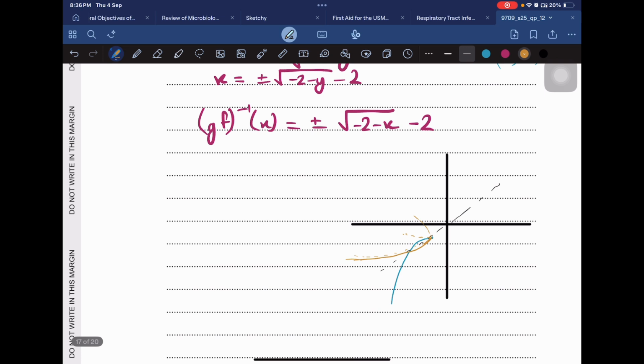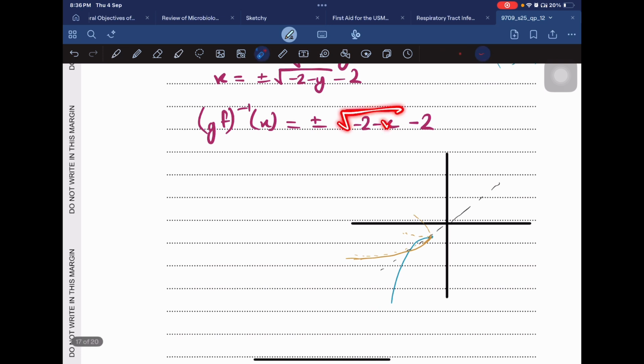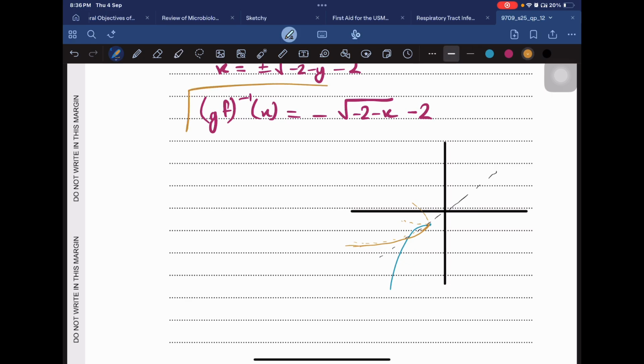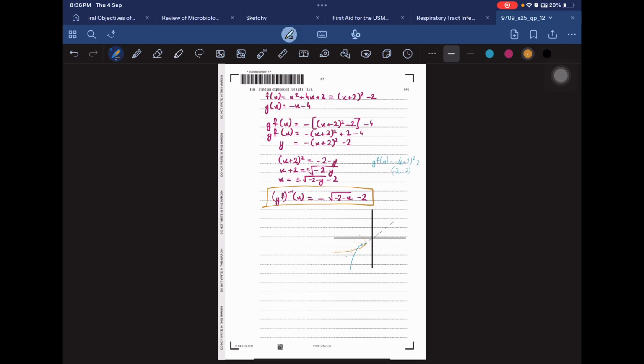So again, you can see that, as I mentioned, this is the graph where there is x under the root, and this is the part of the graph that is below the turning point, right? So that's why we'll again only consider the negative sign. This will be the inverse of gf(x). I hope this makes sense. Yeah, that was the last question.